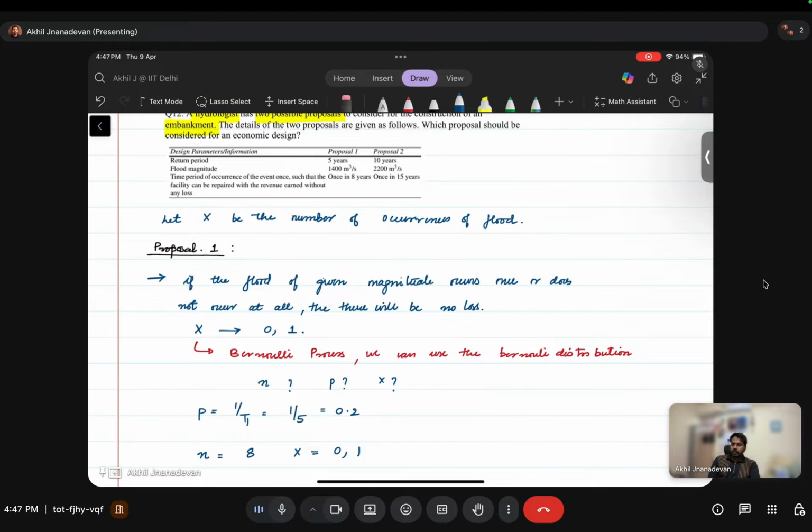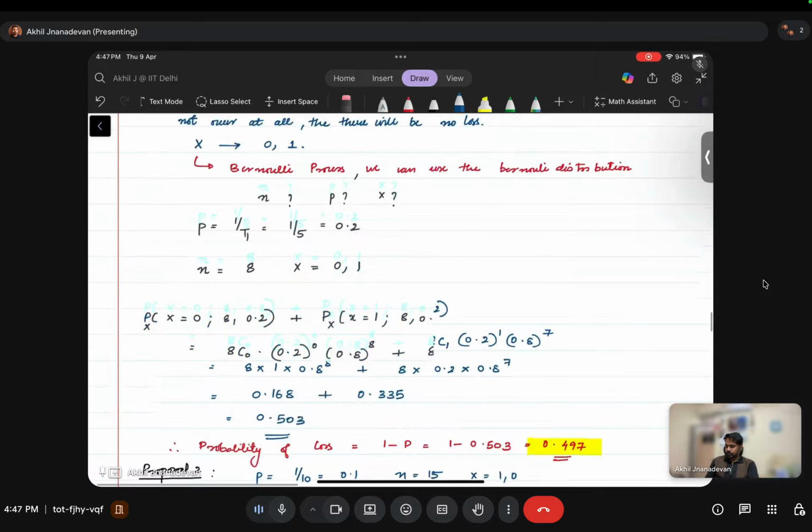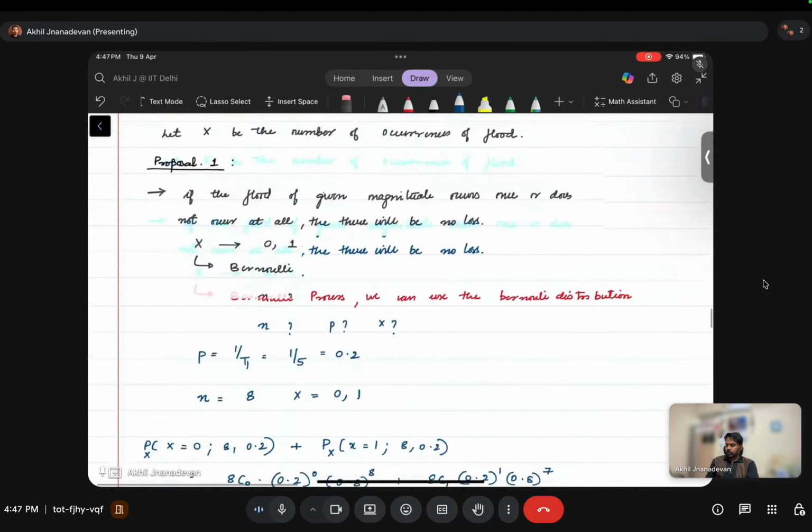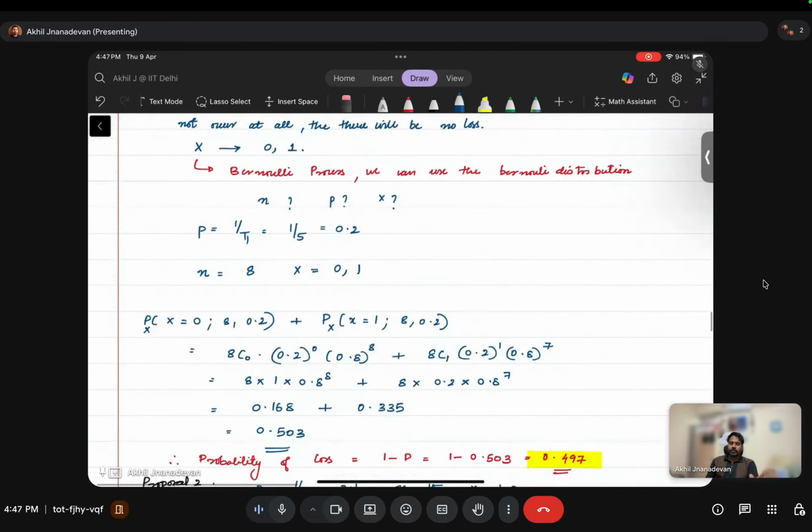That is how we tackle similar questions. So for both the questions we have tried to fit the Bernoulli process. I hope it is clear to you, as well as the questions related to the average number of occurrences in n years if the success rate is this much. In such cases, we can always go for this approach.